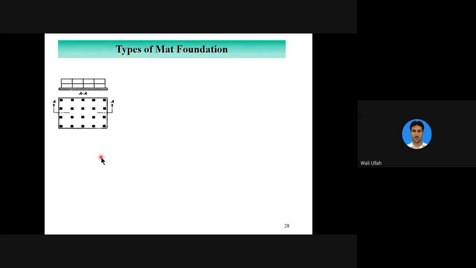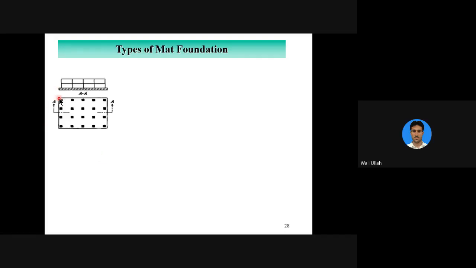And where the bearing capacity is high or the loads are low, like a 2 or 3 story building and the soil is good, you can provide isolated footing below the column. But if it is a huge structure like an 8, 10, 12 or 20 story building, even if the soil is good and you provide isolated foundations, the stresses would still be high, so you have to provide a mat foundation.